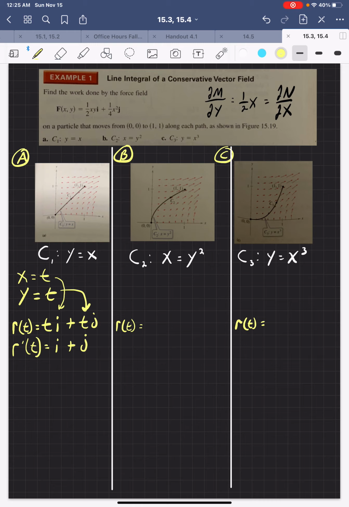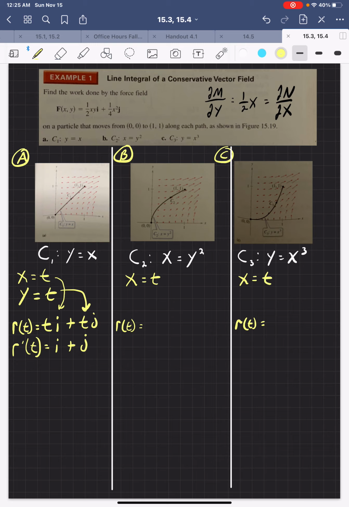Now, there are two other things we're going to have to do, so we may as well do the same thing we did here for b. In this case, I would let x equal t. I'll do it here too: let x equal t.